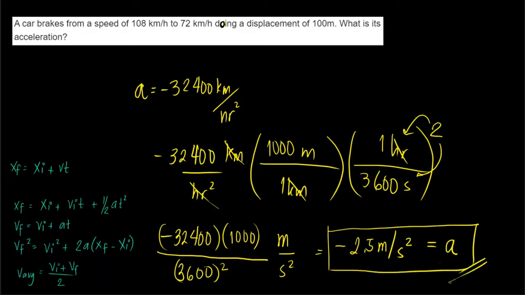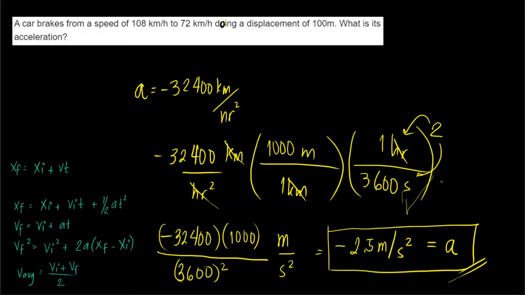Imagine if from the beginning we had converted both velocities, it would be messier. But in this case, I first converted the displacement, 100 meters, into kilometers, and then after getting the acceleration, I converted it to meters per second squared.